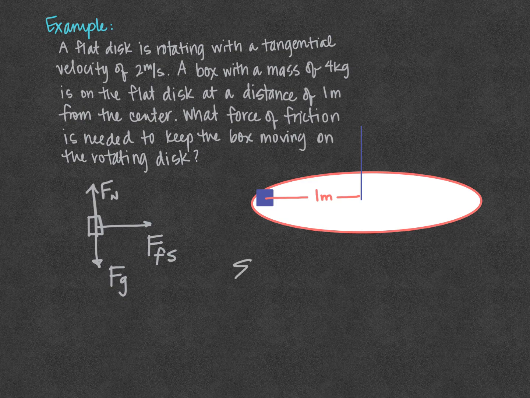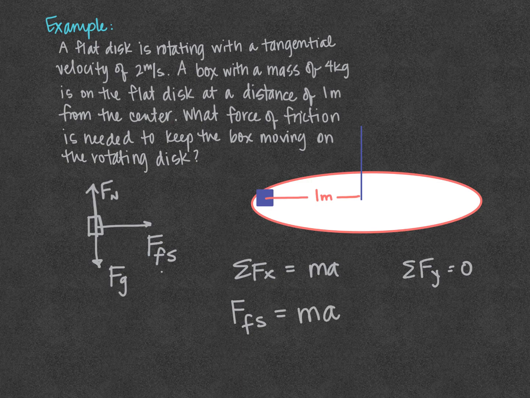And in this case, it must be friction because nothing else is there to hold it. So when I sum the forces in the x direction, I see that they're not balanced. There's no opposite force of the friction force over here, so I know that it must be unbalanced. When I sum the forces in the y direction, I can see that they are balanced. The disc isn't rising or falling. So in the x direction, I've got a force of static friction, and it is going to cause a center-seeking acceleration.